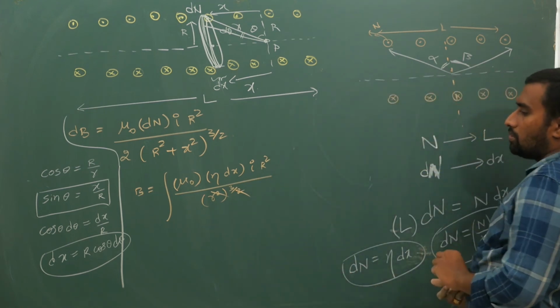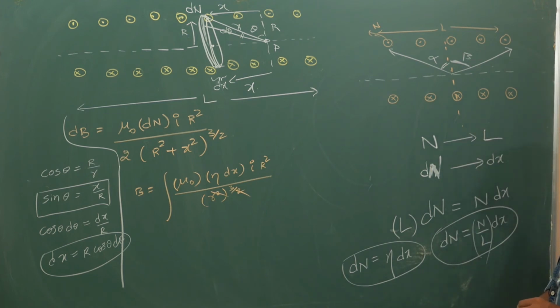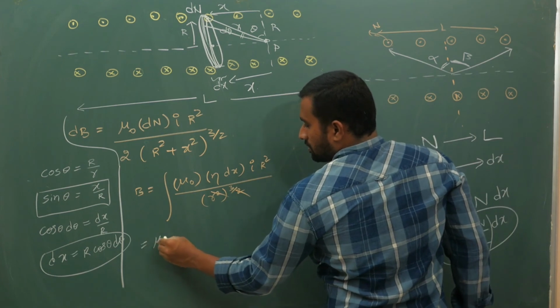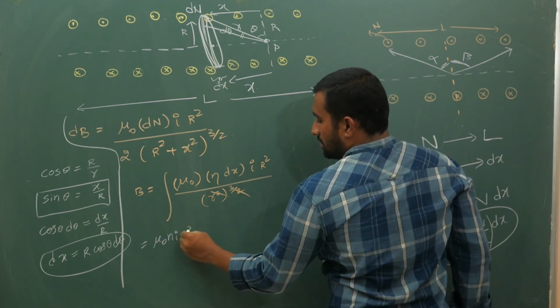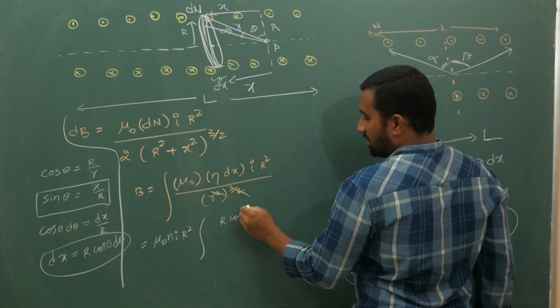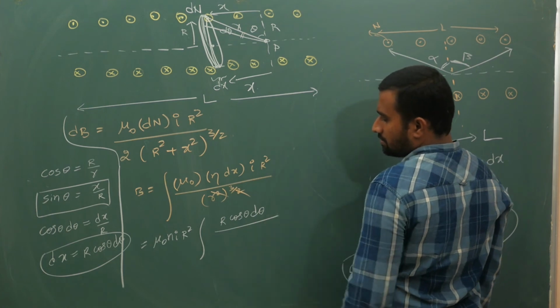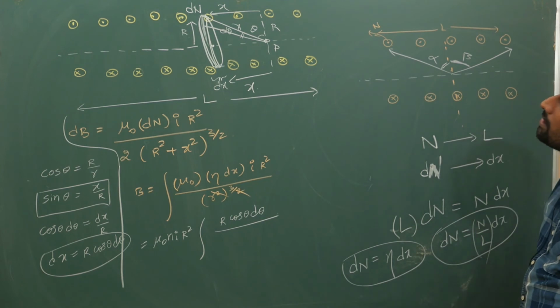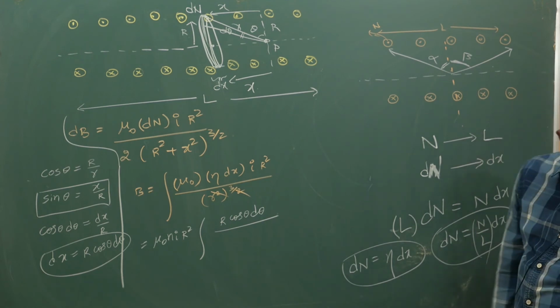Am I doing it correctly? Sin theta is x by r, cos theta is capital R by small r. No issues, so I will simplify. Mu naught n I R square times, what is dx, r cos theta d theta. Wait, did I do anything wrong?